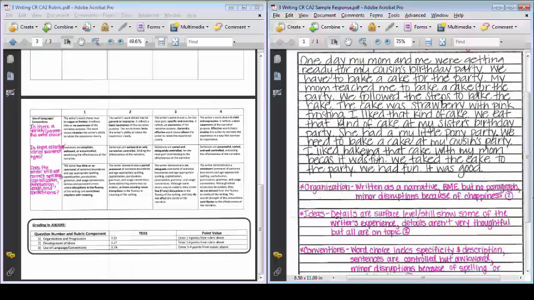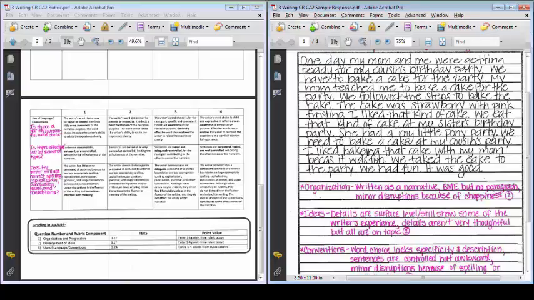For ideas, this has to do with the details. So there are some details that are really surface level about baking the cake, but they're still showing some of the writer's experience, just they're not very thoughtful. And at times, you can see down here, she talks about the party was a My Little Pony party.